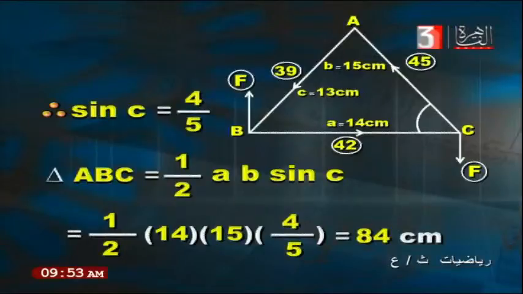The answer is 84. This is the area of the triangle. What is the moment of this couple? Moment of a couple equals twice the area times the constant ratio.